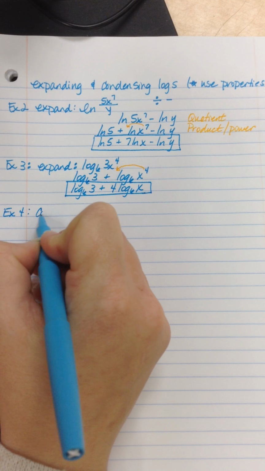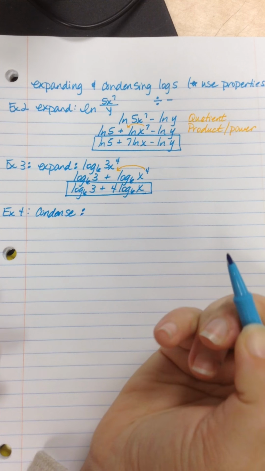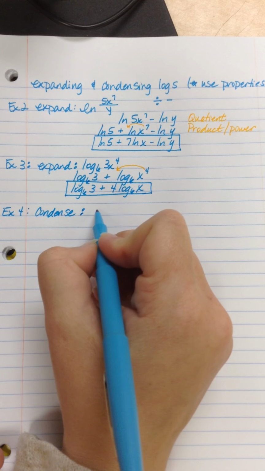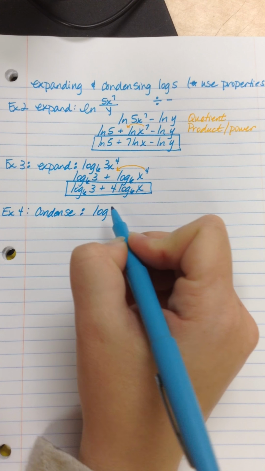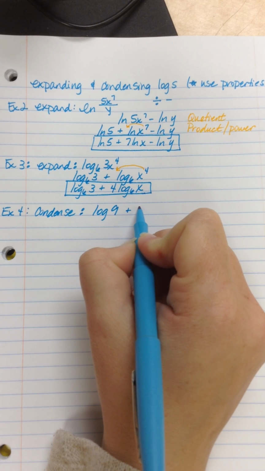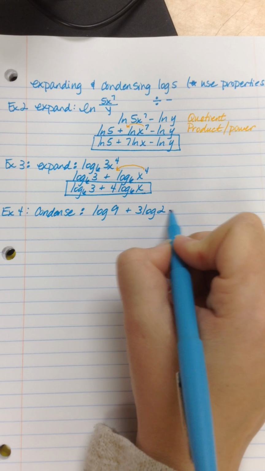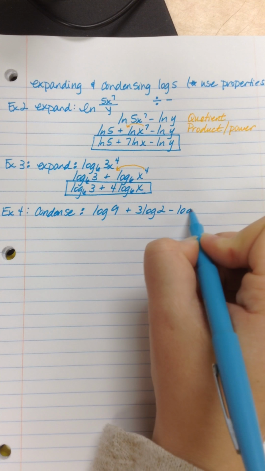Example 4, this time we're going to condense. Here's your problem. We have the log of 9 plus 3 times the log of 2 minus log 3.